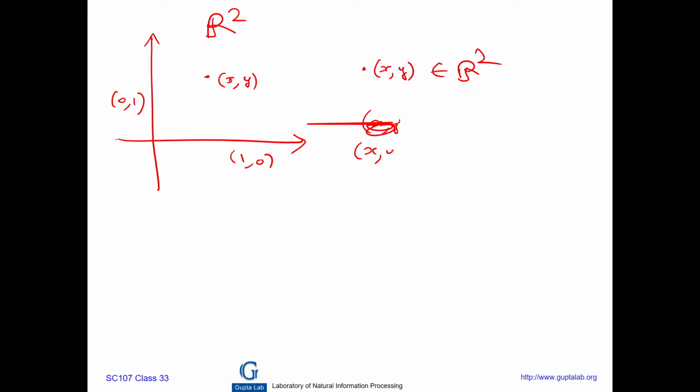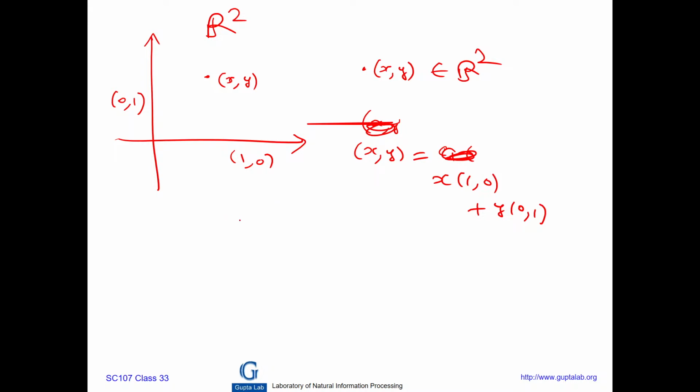If you take a point (x, y), you know that x axis can be written as the vector (1, 0), right? Now note that any point (x, y) in R square can be written as a linear combination of x times (1, 0) plus y times (0, 1), right?